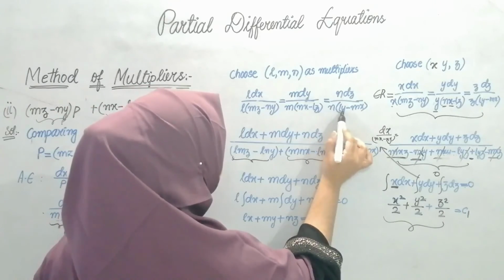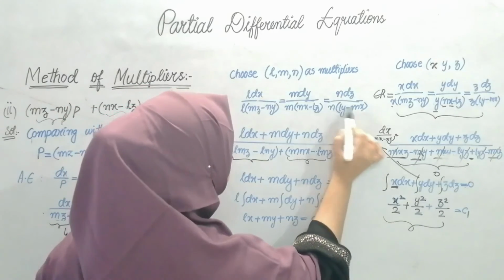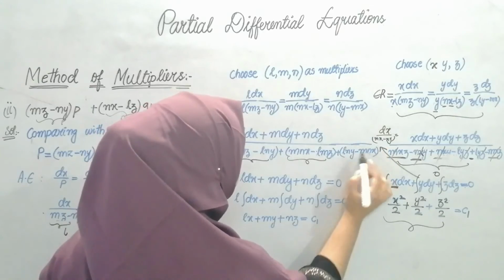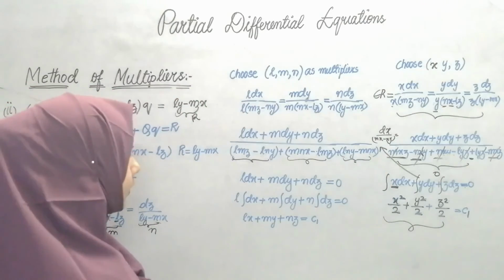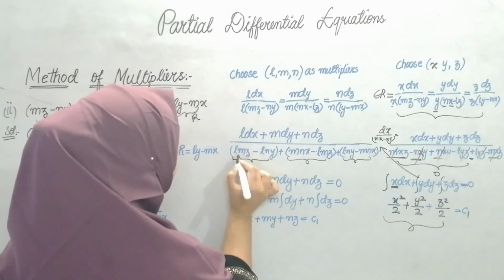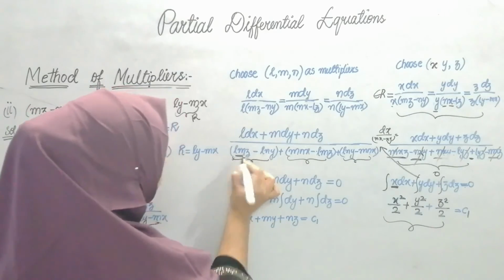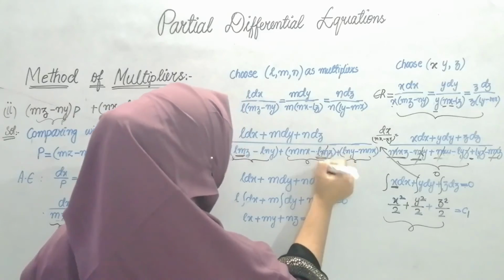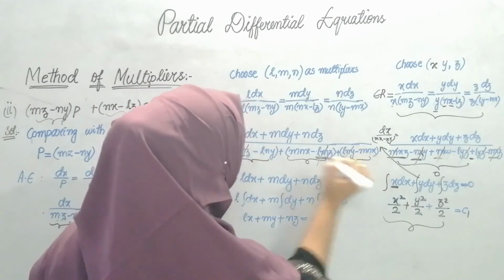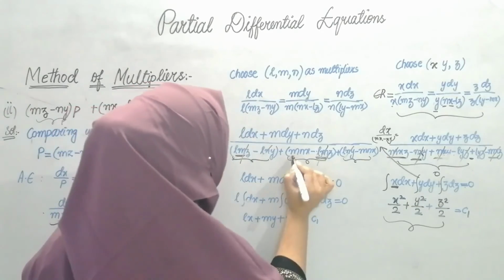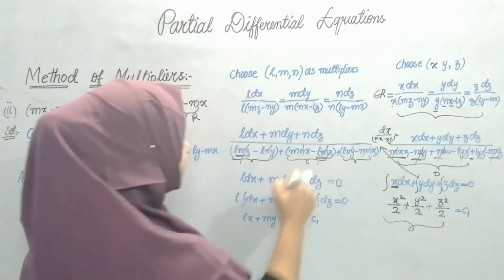Next lny minus mnx, done. I'm just writing it in an order. So here if you see, plus lmz and minus lmz gets cancelled out. Similarly minus lny and plus lny gets cancelled, and plus mnx and minus mnx gets cancelled.